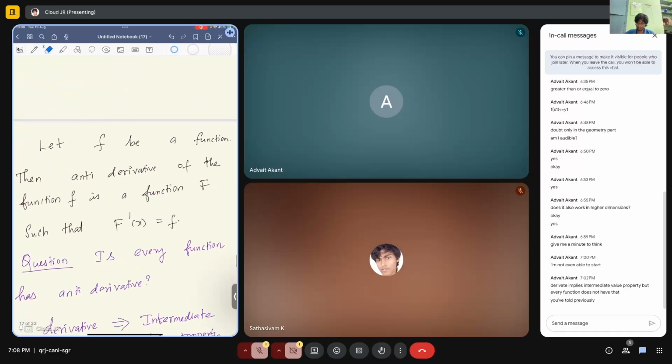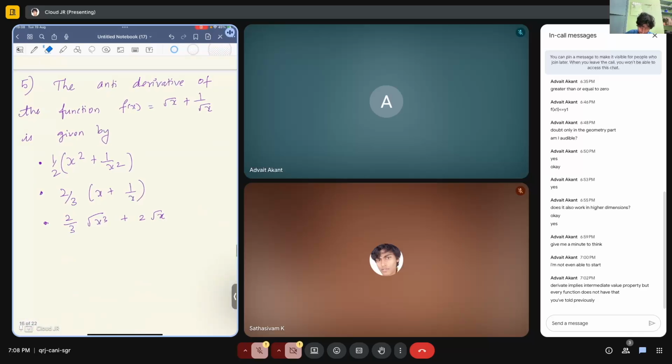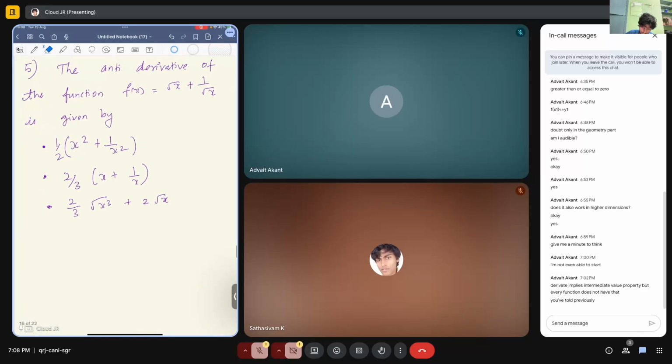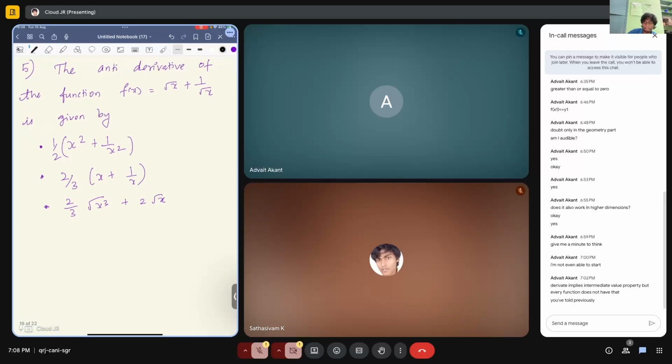Okay, so let's go to the problem here. You have a function and you want to find the antiderivative. The easiest way to find it is to take the derivative of each option and check which one satisfies the property.